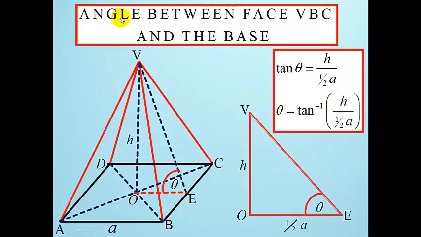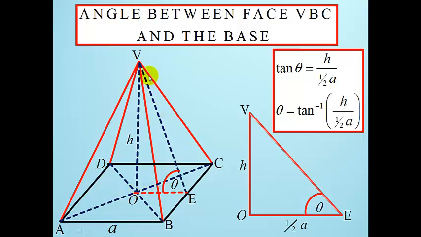Now let's look at the angle between face VBC and the base. Where do you have the face VBC? This is the face VBC, and the base. And so that is the base.